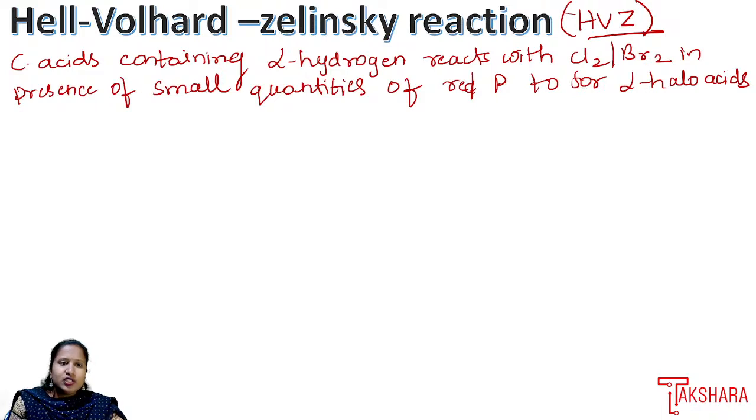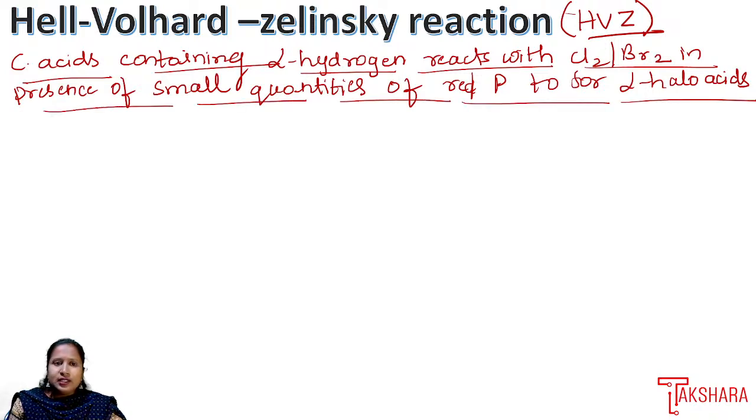So this reaction is called the Hell-Vollard-Zelinsky reaction. So that is, carboxylic acids containing alpha hydrogen.